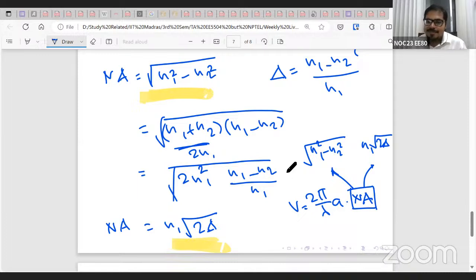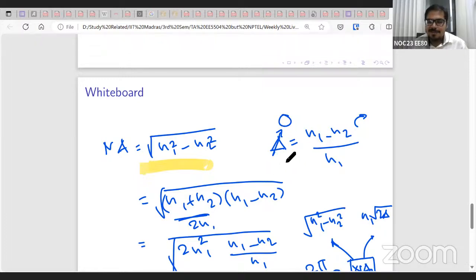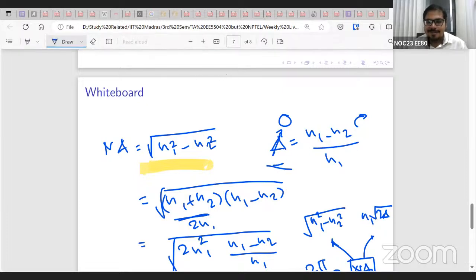You will arrive at almost the same answers. These are equivalent provided this is going to 0. That's all. The assignment question is giving this delta value again and again, and you have to find it out.